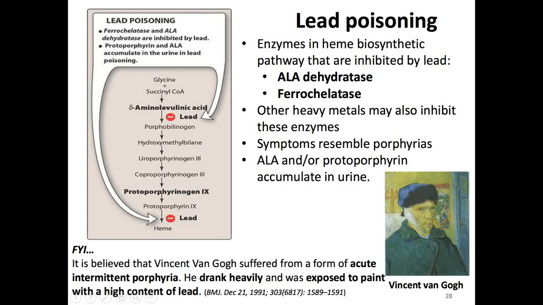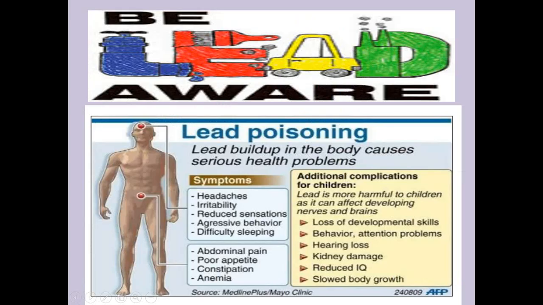ALA and protoporphyrin are then excreted in the urine. How does lead poisoning occur? Lead poisoning basically occurs from lead pipes, paints, smoke, and pollution.